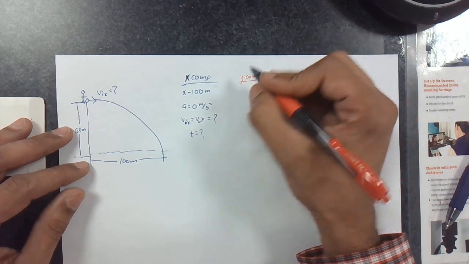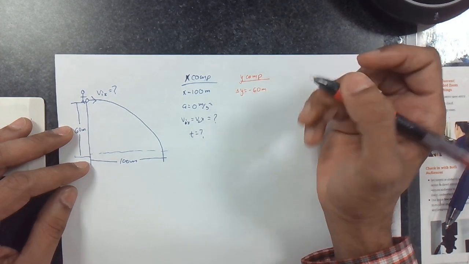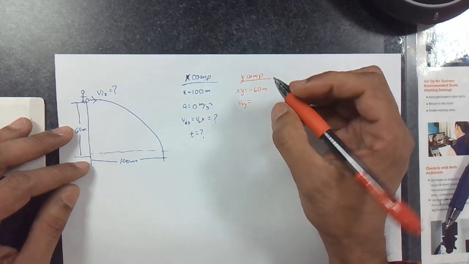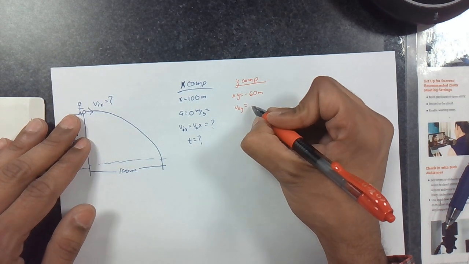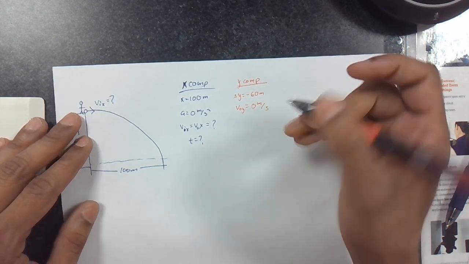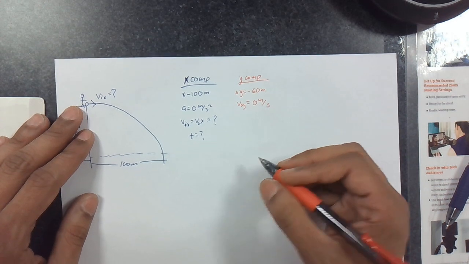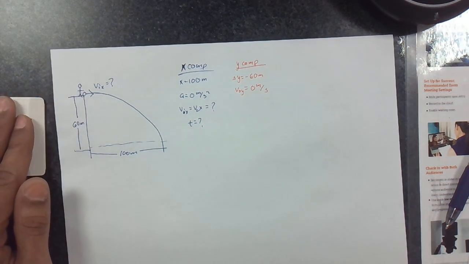So in the y direction, we know that our change in y is negative 60 meters. We know that our initial velocity in the y direction would be 0 because it's kicked horizontally, so that would be 0 meters per second. And our VFY, we still don't know, but we can solve for it soon.